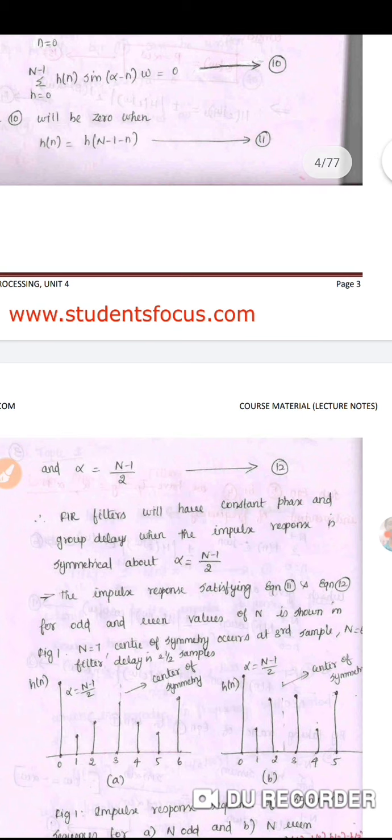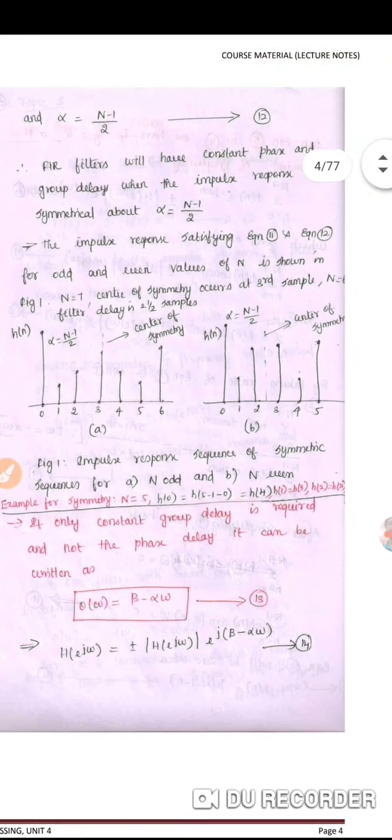Then the impulse response h of n will be symmetrical about alpha is equal to N minus 1 by 2. That means FIR filters will have constant phase and group delay when the impulse response is symmetrical about alpha is equal to N minus 1 by 2. And we have seen the examples.